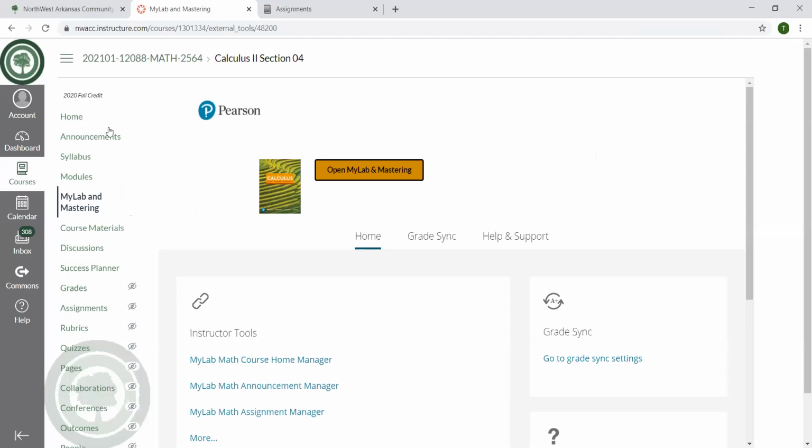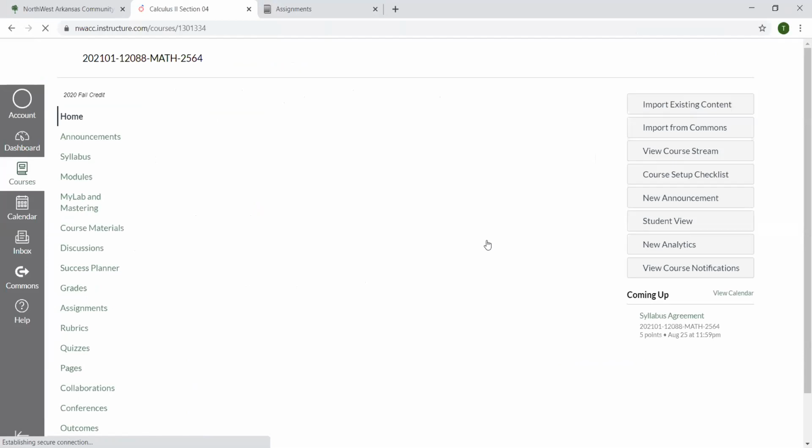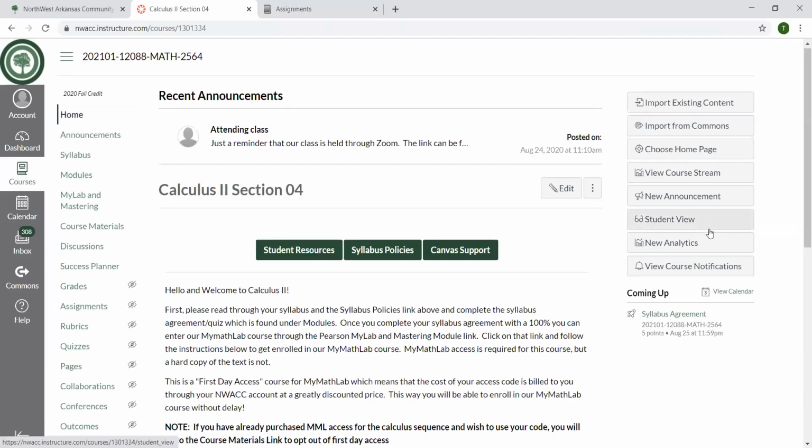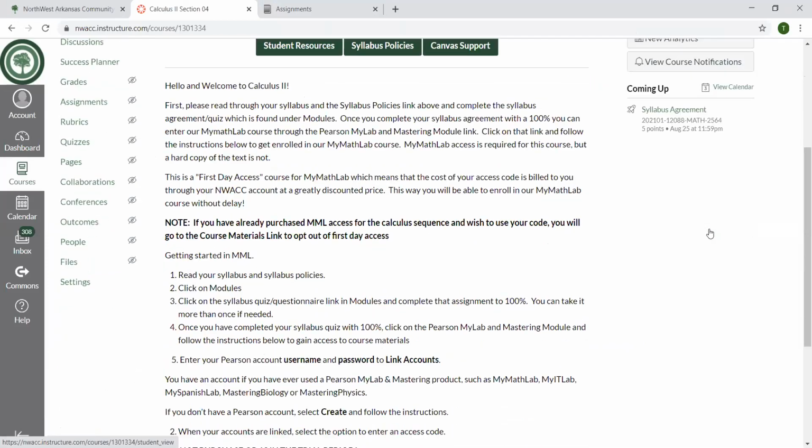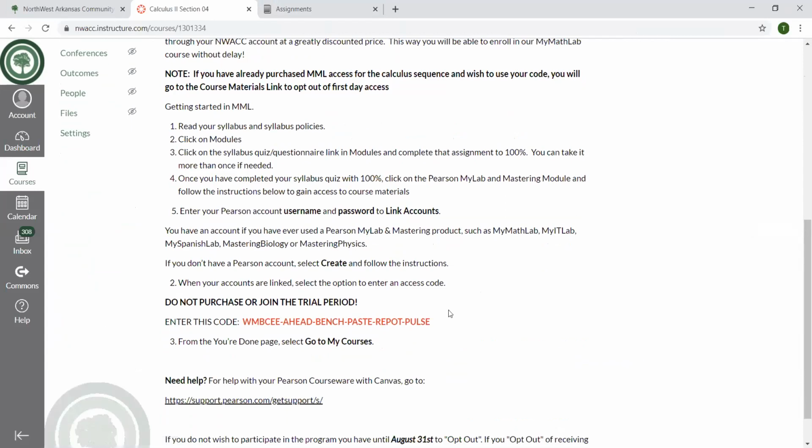If you go to our home page on Canvas, which is slow today, is the home page showing up for you now? Down at the bottom, in red, if you choose to use the inclusive access, that's the access code that you will use.